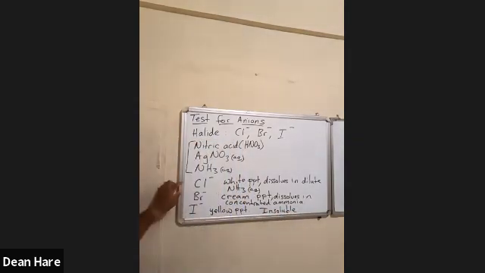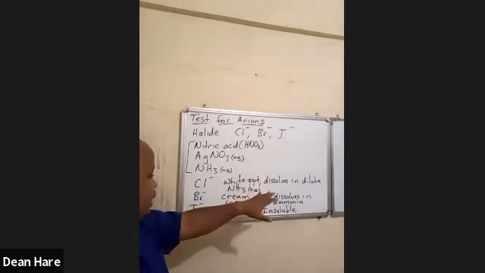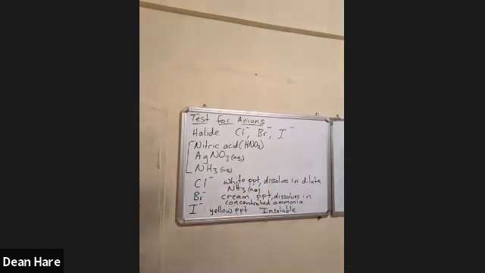So the chloride ion, you will get a white precipitate that dissolves in aqueous ammonia. Bromide, cream precipitate, dissolved in concentrated ammonia.